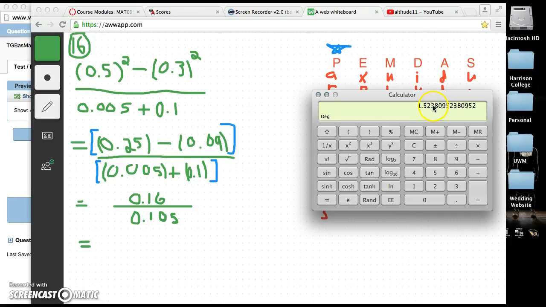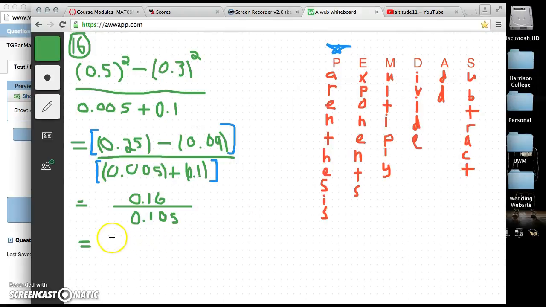Had this thousandths spot been a 5 or larger, so a 5, a 6, a 7, an 8, or a 9, we would have then rounded this 2 in our hundredths spot up to a 3. But again, in this case, our thousandths spot was below 5, so we do not round up. So we have 1.52, and 1.52 in this case is going to be your final answer.